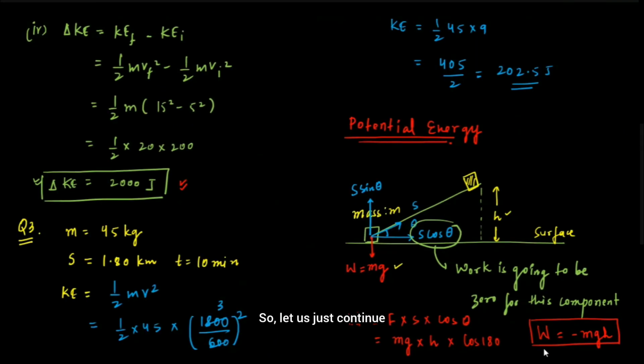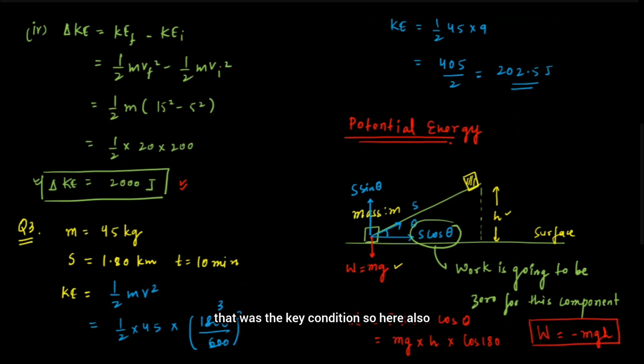So let's just continue where we left off in the last class. We talked about kinetic energy first, and then we moved to potential energy. I explained that whenever we are calculating potential energy or any other kind of energy, or any kind of work, either force should be in the direction of displacement or displacement should be in the direction of force.